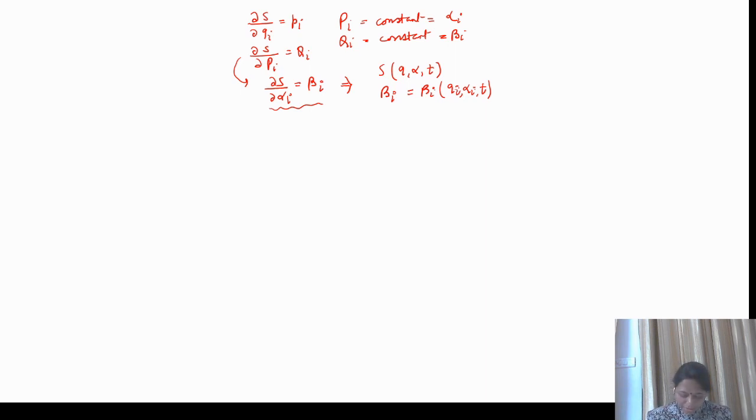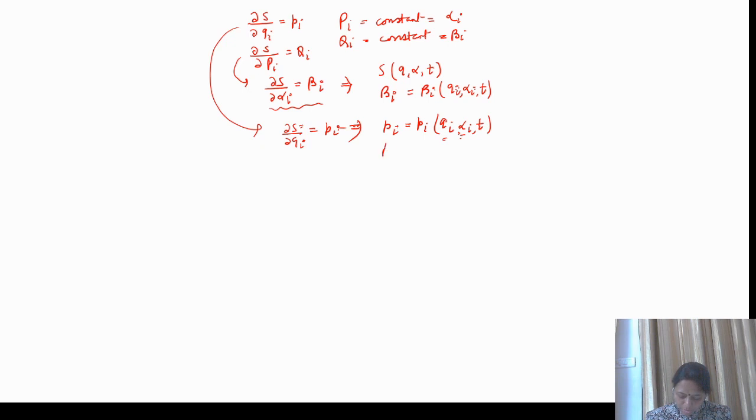And similarly, if I take this relation, delta S by delta Qi is equal to Pi, which implies I get Pi as a function of Qi, alpha i and time, because S is involving Qi, alpha i and time.